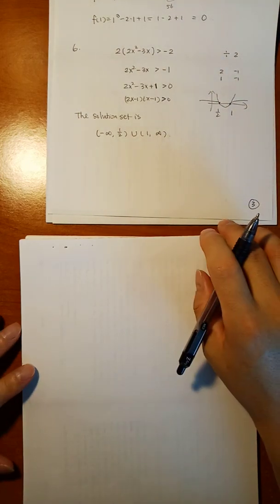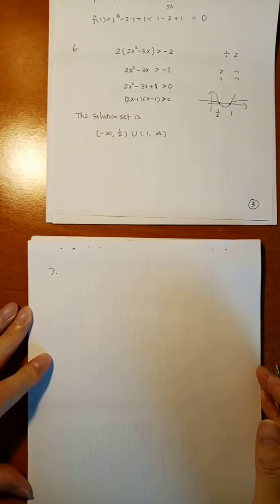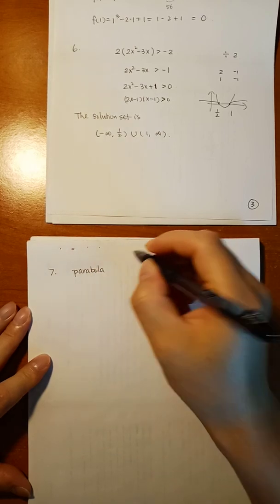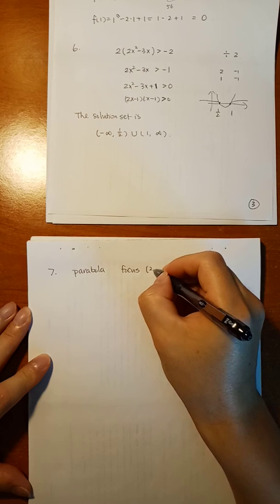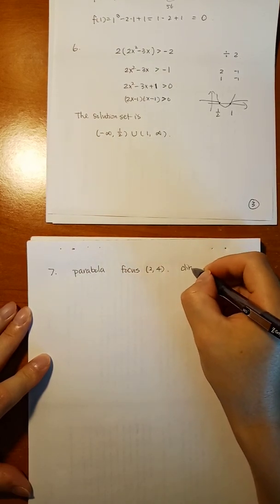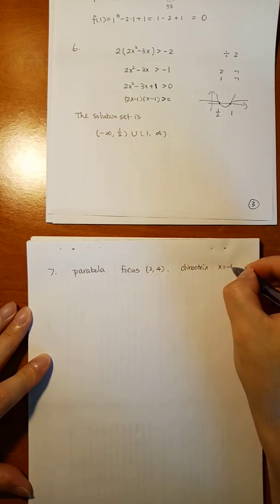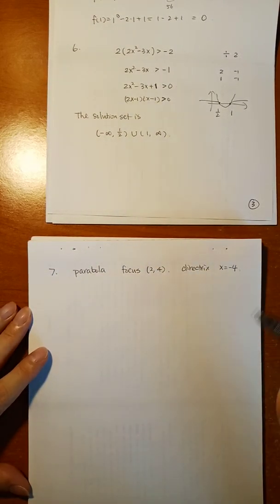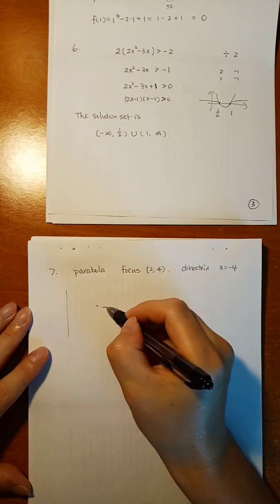Next, parabola, problem 7. We find a parabola with focus (2, 4) and directrix x equals negative 4. First of all, let's check what the focus and directrix are. You have the directrix, you have the focus.